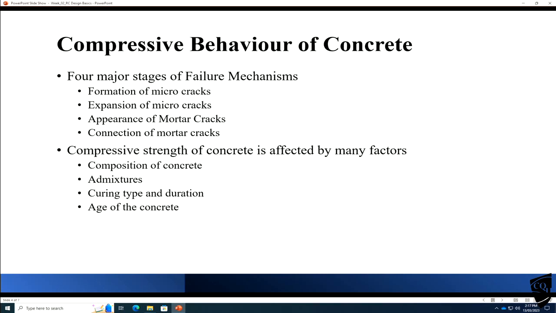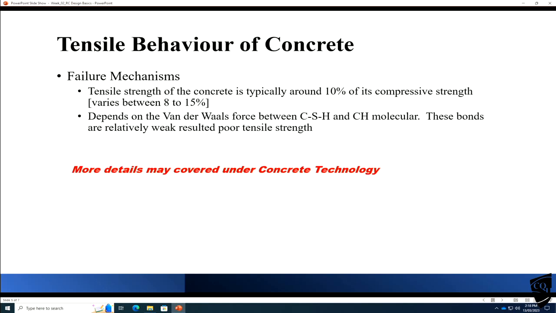The curing type, how you do the curing, whether it's water curing or straight curing, and how long we do the curing. The last one is age. As with any other material, as time goes, strength will reduce. So the strength of the concrete is affected by many factors, but these are the main things.